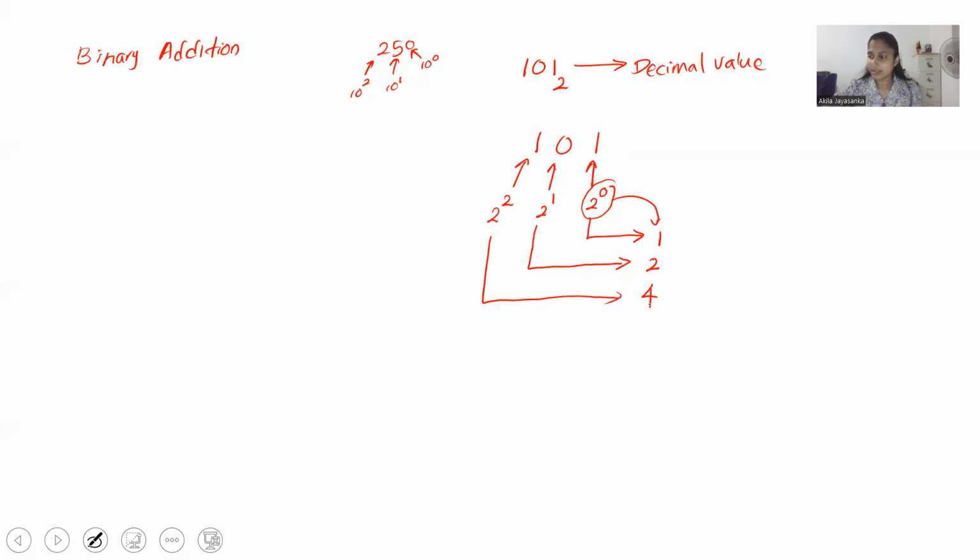Now come to the calculation. The place value of 2 to the power 0 is 1, and the digit there is 1, so we multiply 1 by 1, equal to 1. 2 to the power 1 is 2; multiply this by the digit 0. 2 to the power 2 is 4; multiply this 4 by 1.